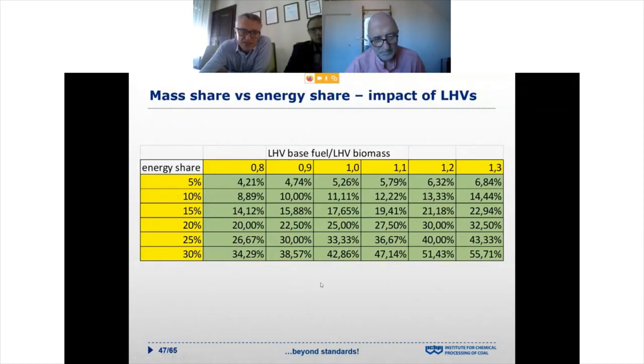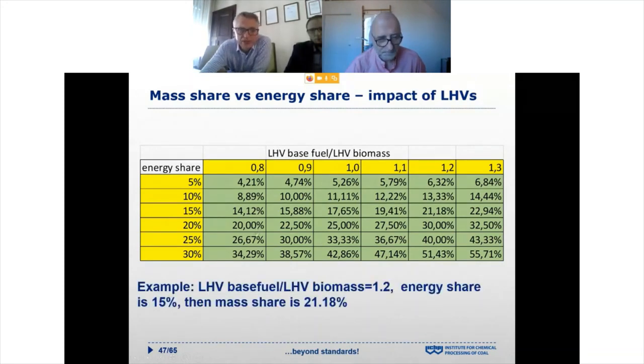Okay, so it is just to help recalculate the energy shares. Yeah, this is just the explanation. If the LHV of the base fuel is 20% more, the energy share is 15, and the mass share is a little more than 21%. It's just a simple calculator for when you want to recalculate.